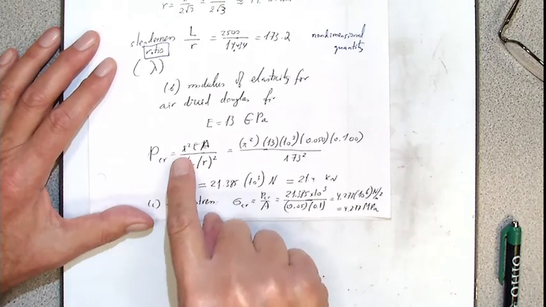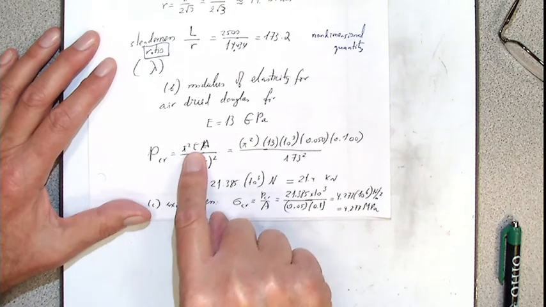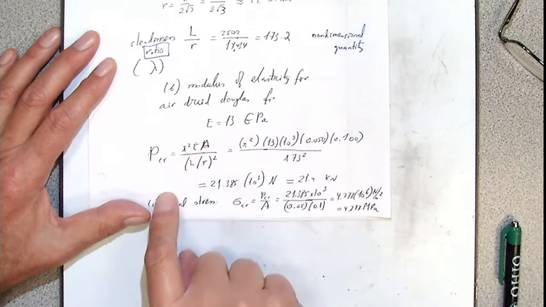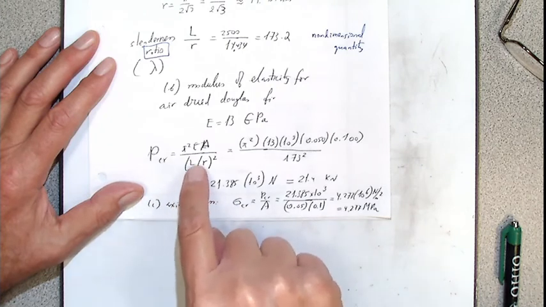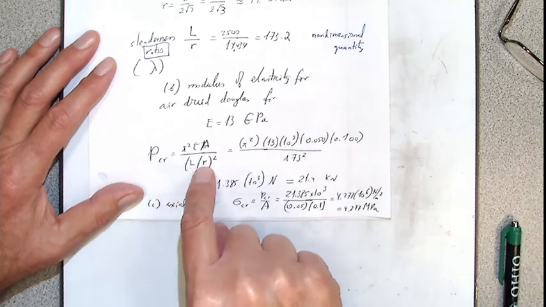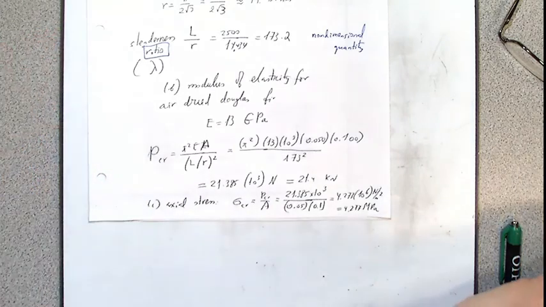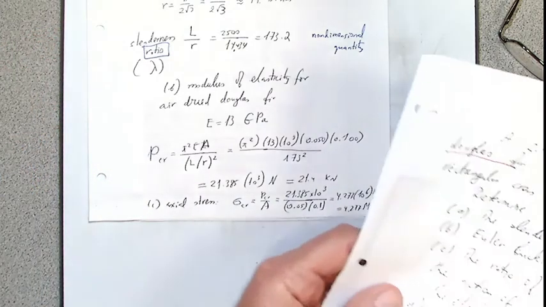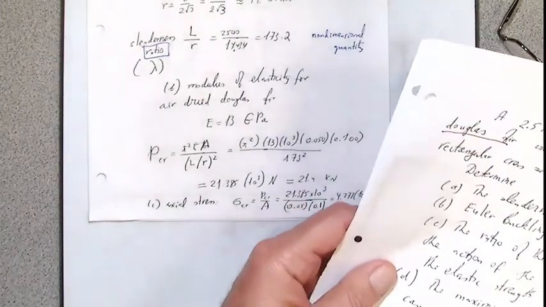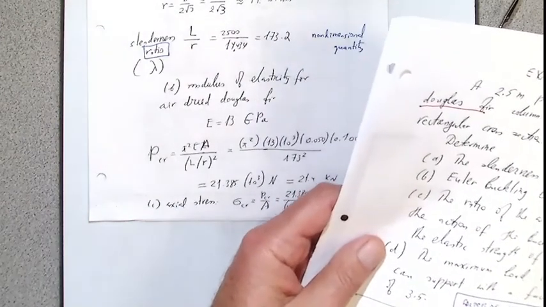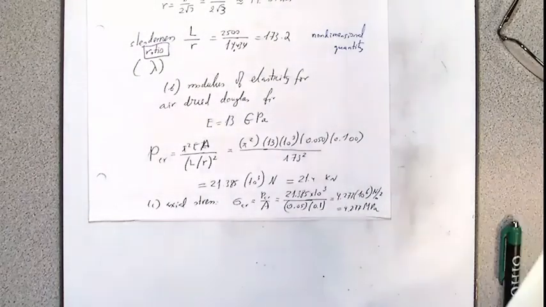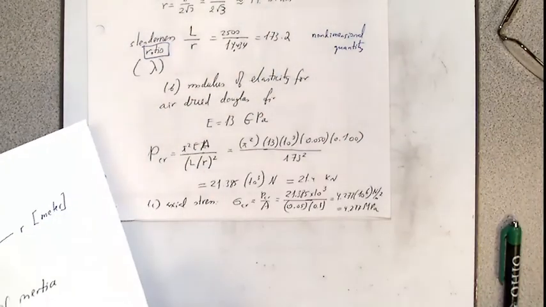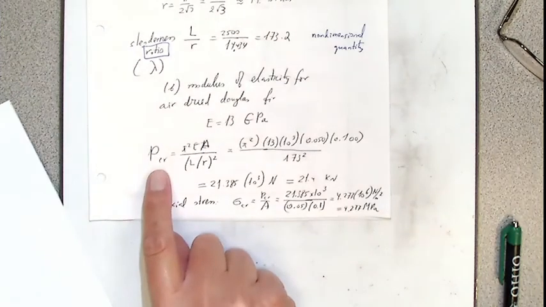Critical load equals pi squared EA over L over R. Let's define this formula. Yes, that is the critical load.